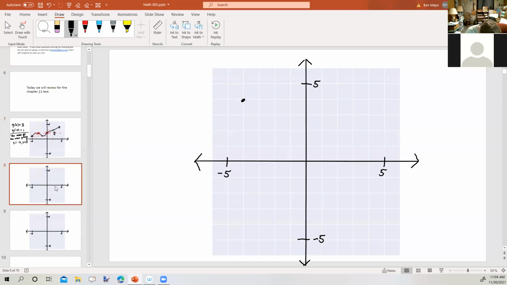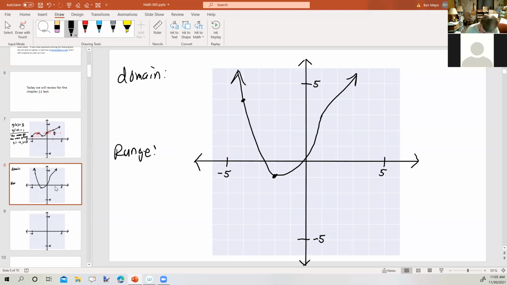Let's see. How about this? The domain and the range. Well, on the left side, as this is going up, it's also going over.